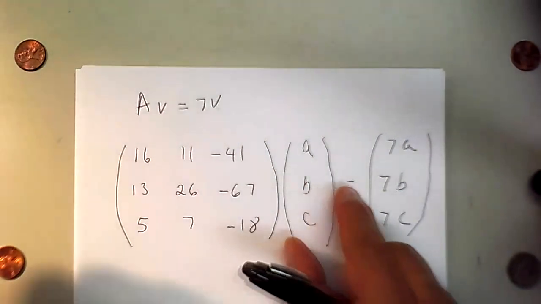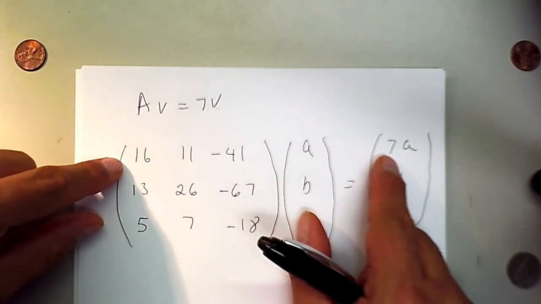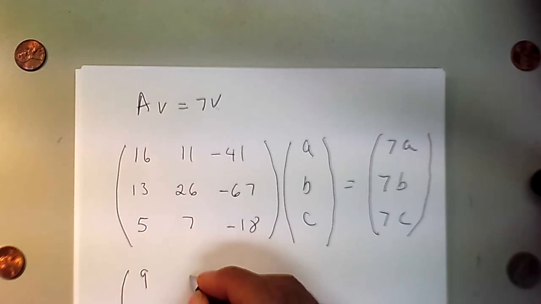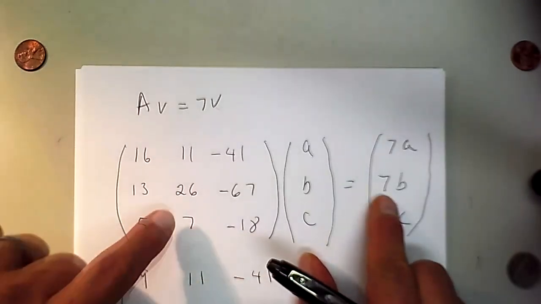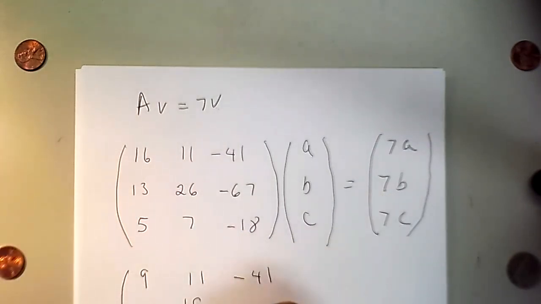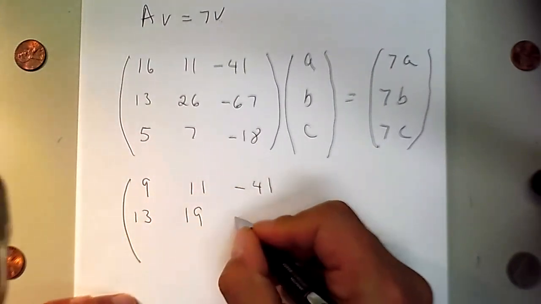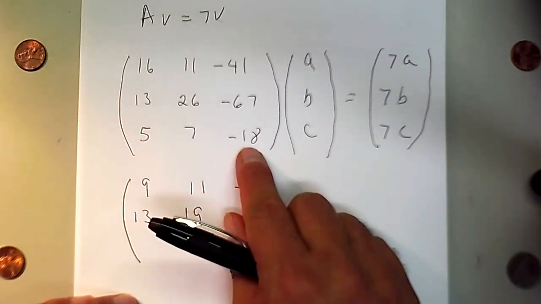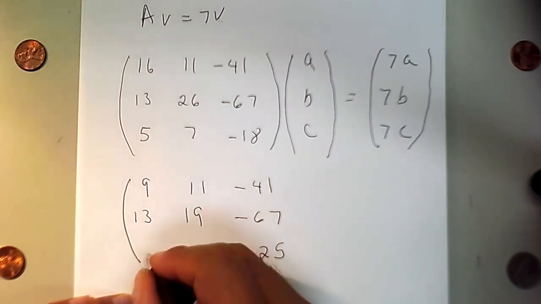Okay, but as we did it with the 2 by 2 matrix in example 1, we know we have to take away 7 from 16, 9, and the other two remain the way they are. 7 from 26, 19, and the other two components remain the way they are. 7 from negative 18, negative 25, the other two entries remain the way they are.